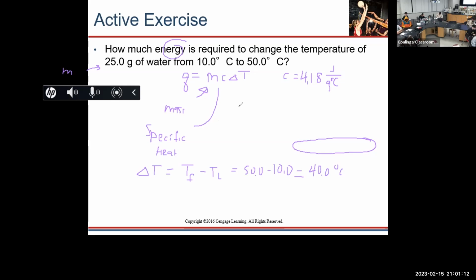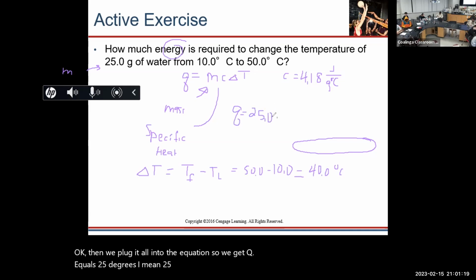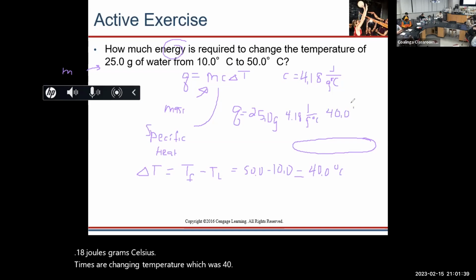Okay, then we plug it all into the equation. So Q equals 25 grams times our specific heat, which is 4.18 joules per gram Celsius, times our change in temperature, which is 40.0 degrees C. So then cancel out our C's, we cancel our G's, and then we're left with just joules.